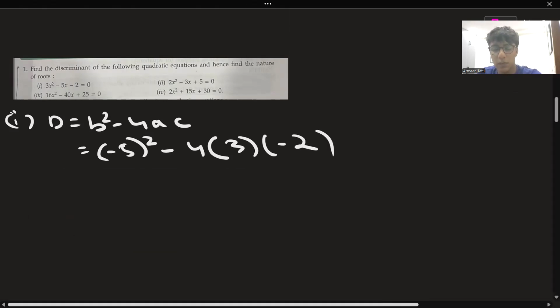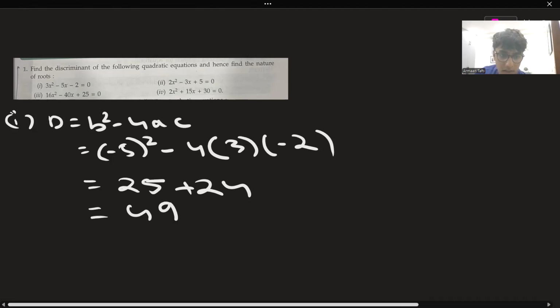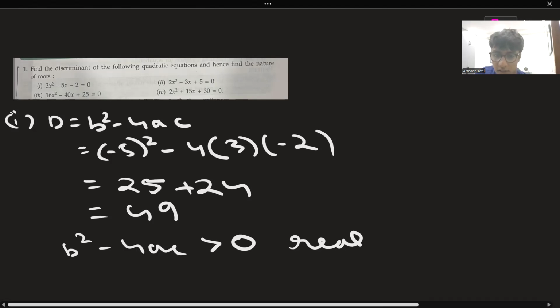I'm not writing a, b, c now because I'm assuming you've practiced and are pretty comfortable with this. So that is 25. 4 threes are 12, times minus 2 is minus 24. But since it's a negative sign, it becomes plus 24. 25 plus 24 is 49. So your b square minus 4ac is greater than 0, so it has real and unequal roots.